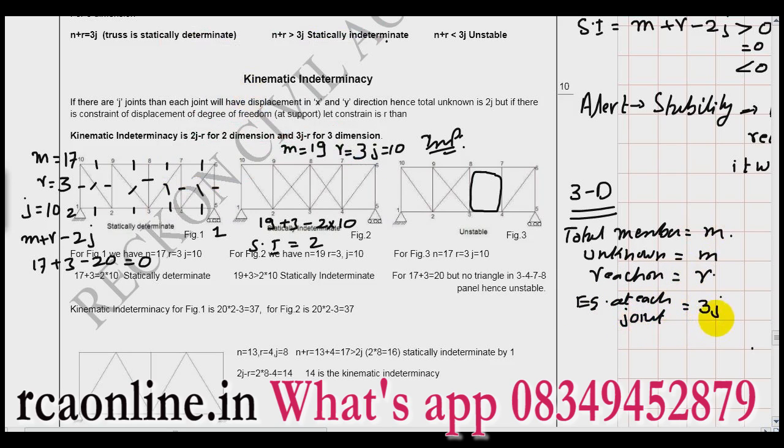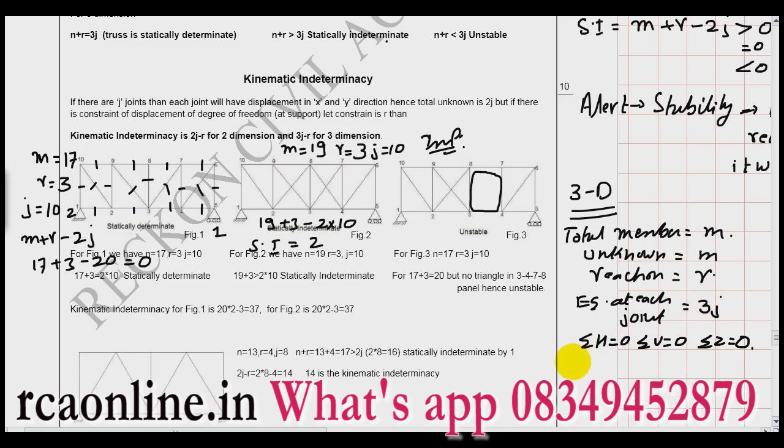So what are the 3 equations? Summation H equal to 0, summation V equal to 0 and summation Z equal to 0. Now what is Z? Z is perpendicular to your screen. So I have 3 equations for trusses in 3 dimensions, at each joint.